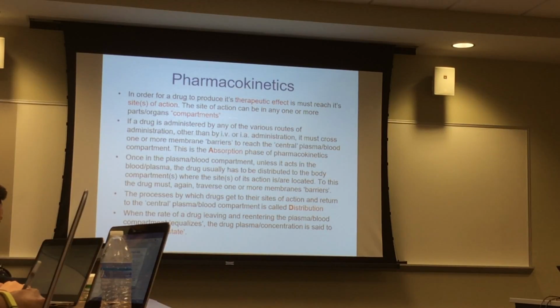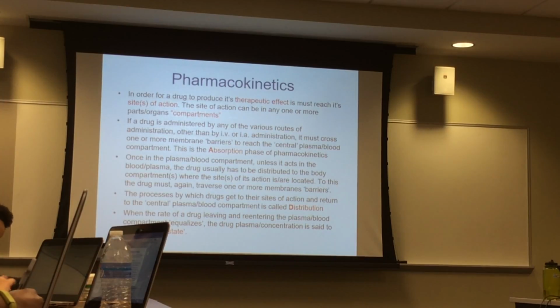So pharmacokinetics is the science that decides which dose to use, how much to use based on which route of administration.